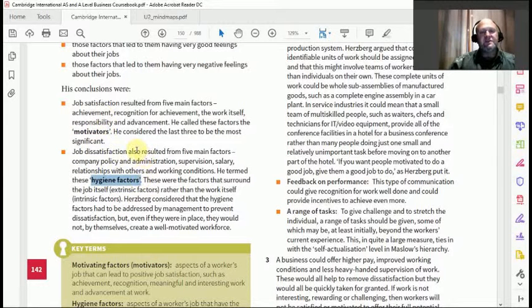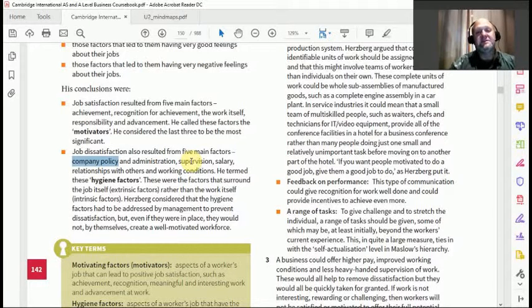So let's first have a look at the hygiene factors. Job dissatisfaction was a result of 5 main factors which made you not feel good about a company or where you're working. That was the company policy and admin. Oh, I hate admin. I don't know about you guys. Supervision. Sometimes supervision is needed because something goes wrong, who do you blame?